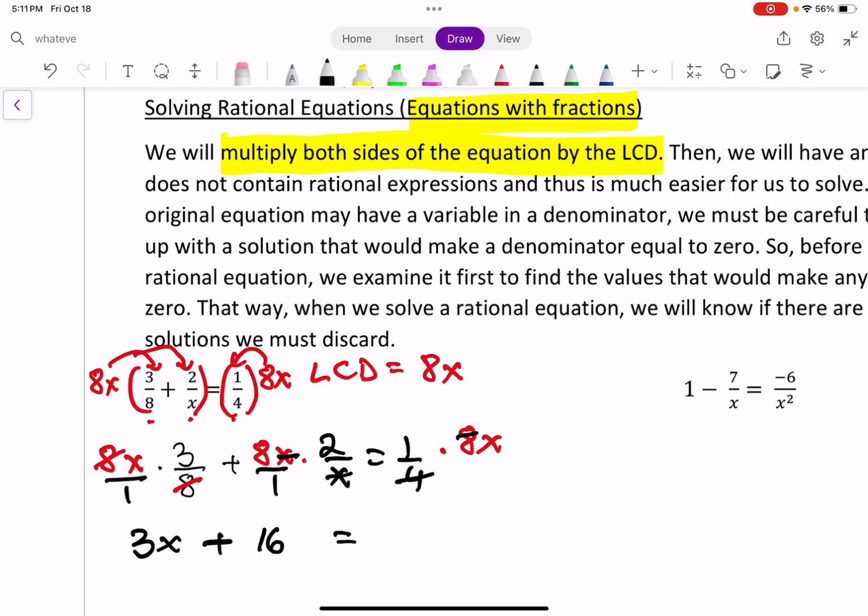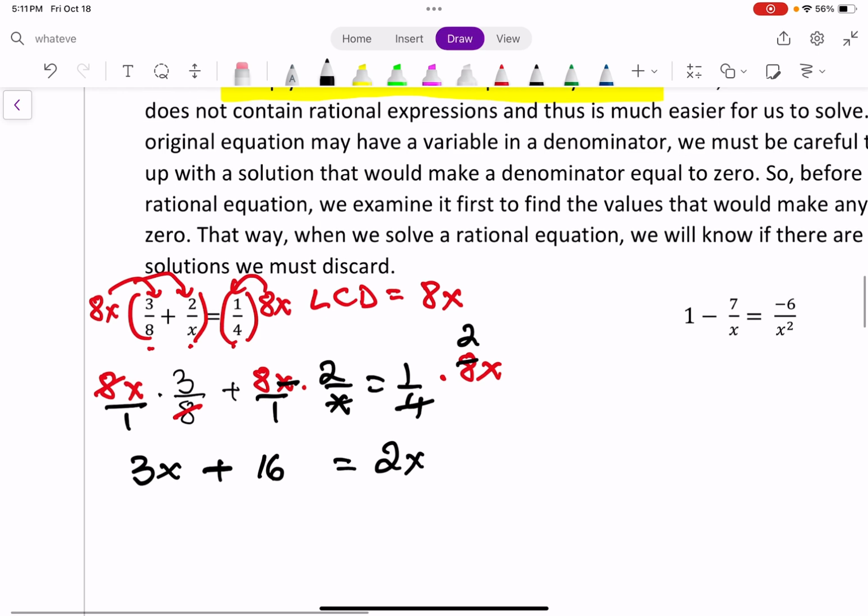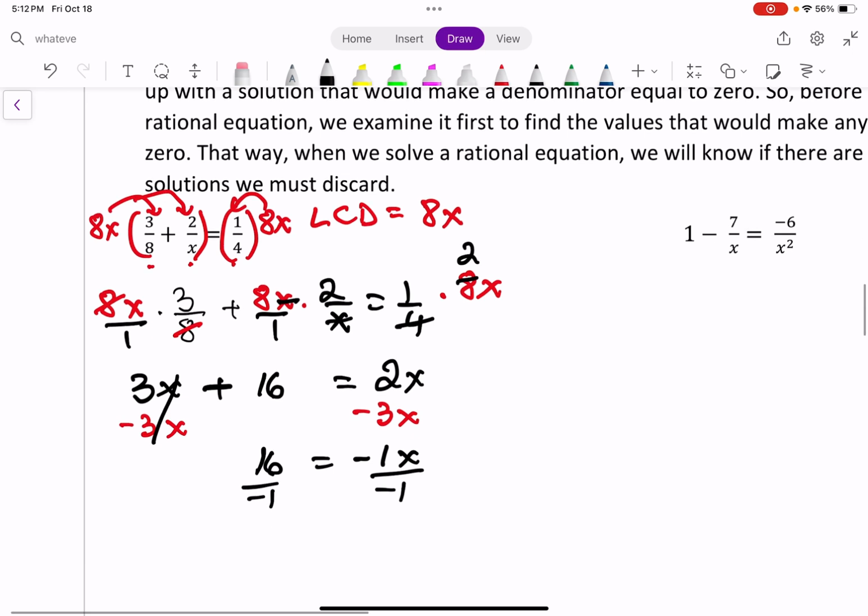The 8 takes away the 4, divides by 4, and leaves you with a 2 times 1 times x, which is a 2x. So as you see, with all of this, we cleared all the fractions. There are no more fractions around. I end up with a very nice linear equation. So there it is. 2x minus 3x is negative 1x. And when you divide both sides by negative 1, you get x equals negative 16.